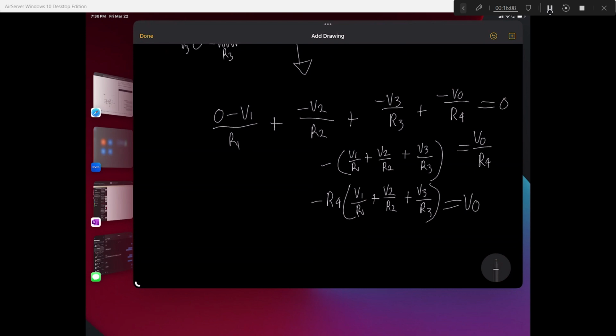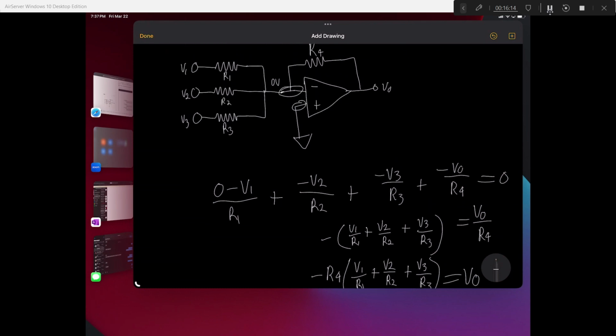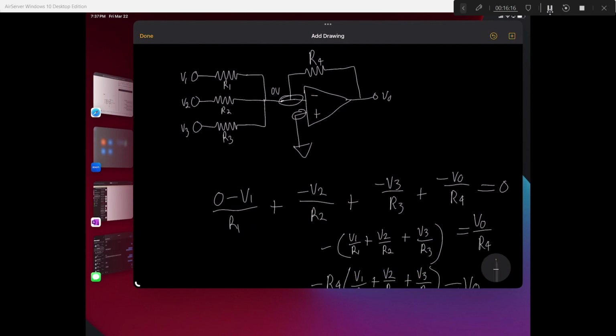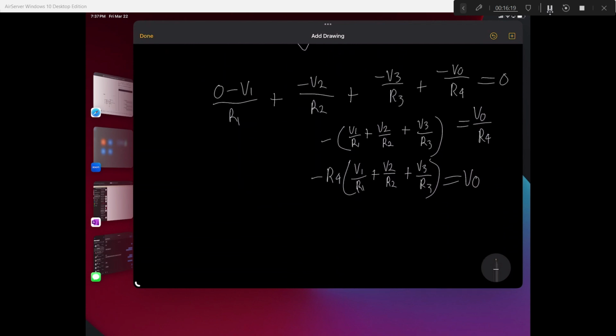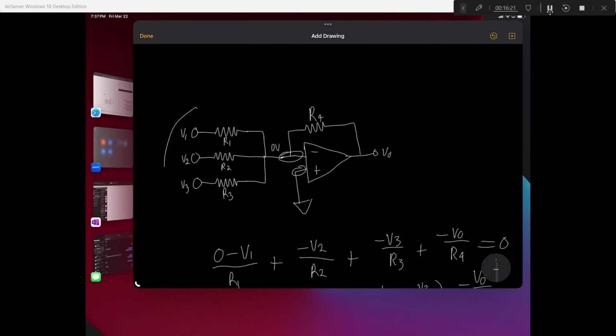Okay. Now that we made the equation for this circuit, this is connected to the negative terminal, so it's an inverting amplifier. But you notice how we have all of these added together? It is a summing inverting amplifier.